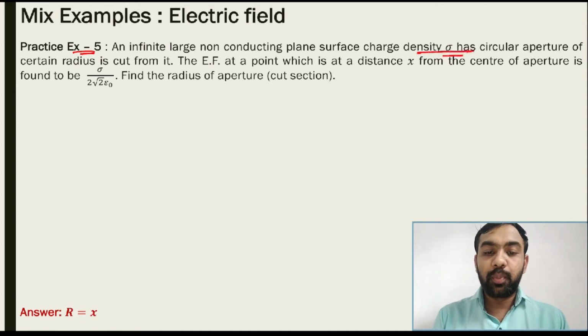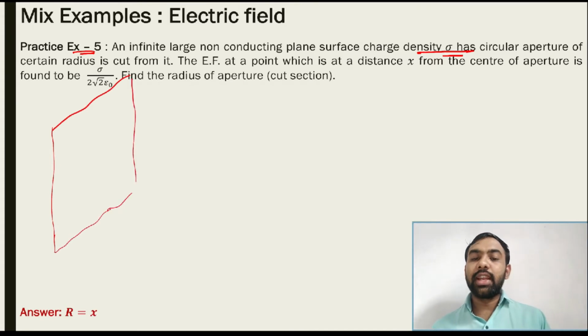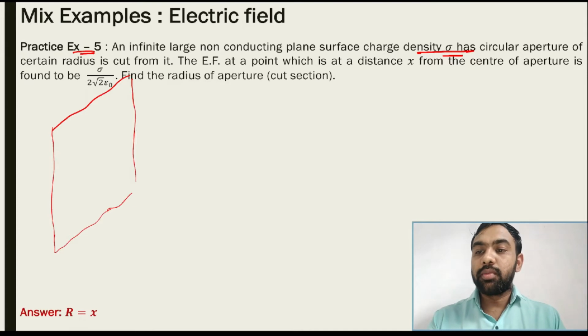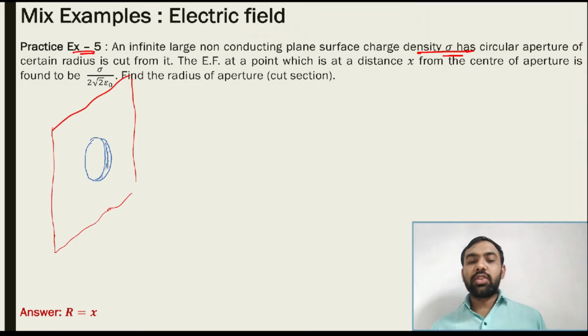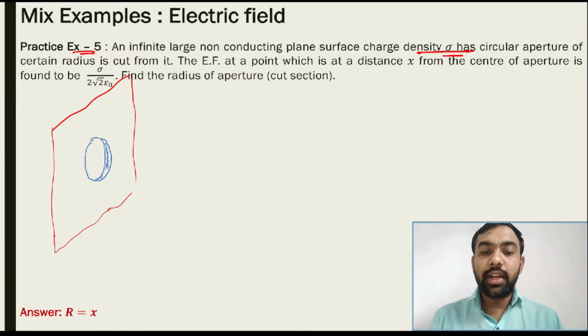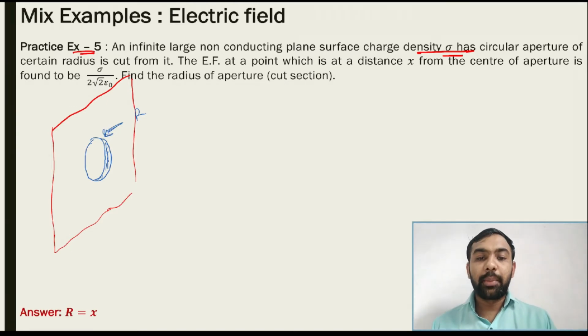So this type of situation: suppose that is a very large sheet like this, and some circular section is cut from here. The radius is unknown, so let's consider this radius to be capital R.